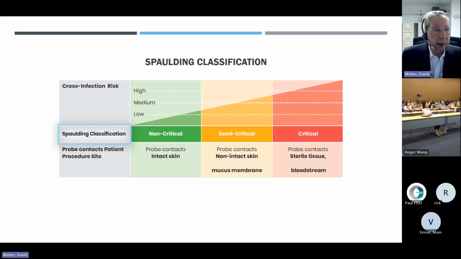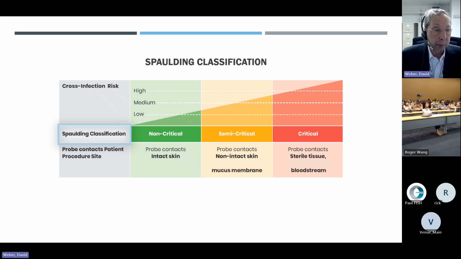Here is another way of looking at the Spaulding classification. You can see here we have cross-infection risk: high, medium, and low. The Spaulding classification, again, for critical: a probe enters, or any device that enters sterile tissue or the bloodstream. Semi-critical: the probe or any device contacts non-intact skin or mucous membranes.